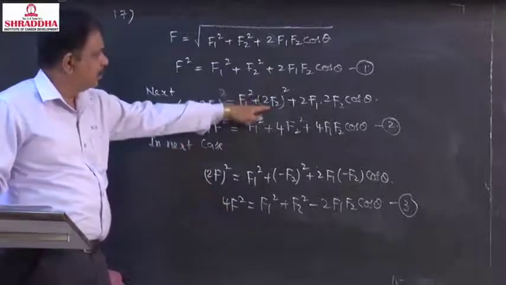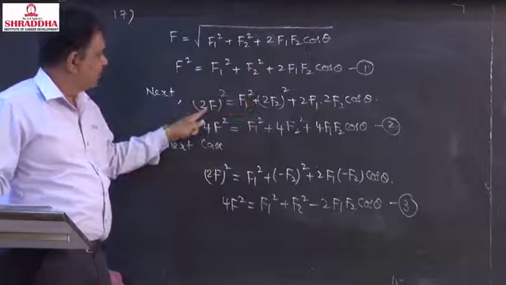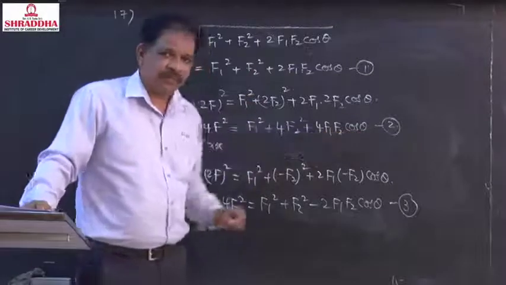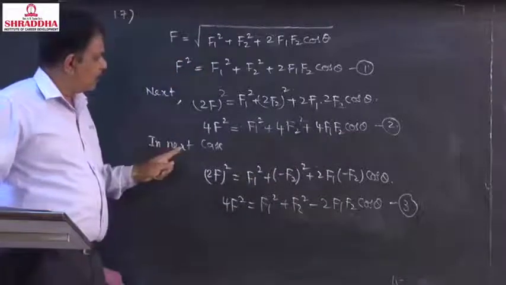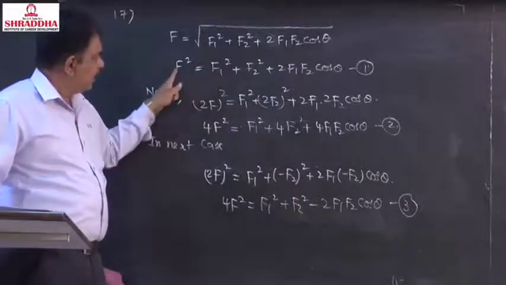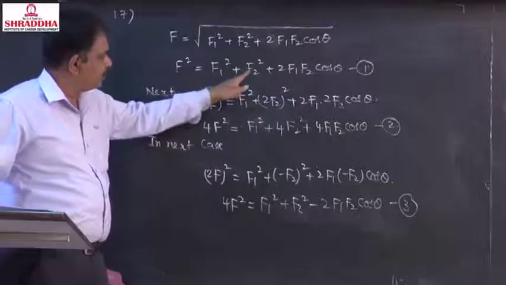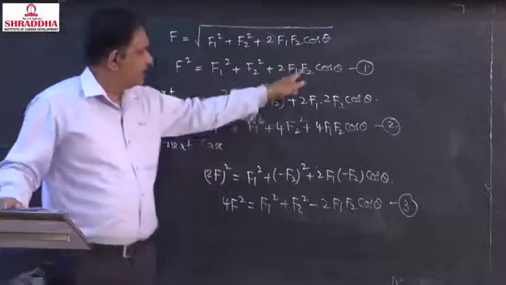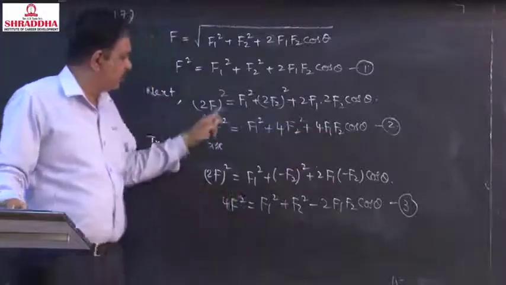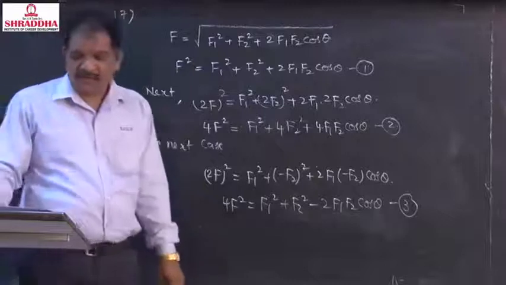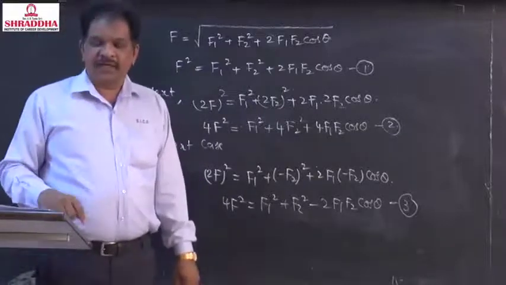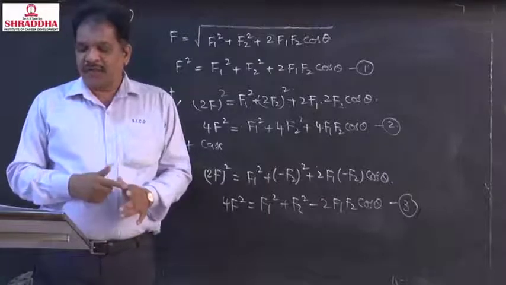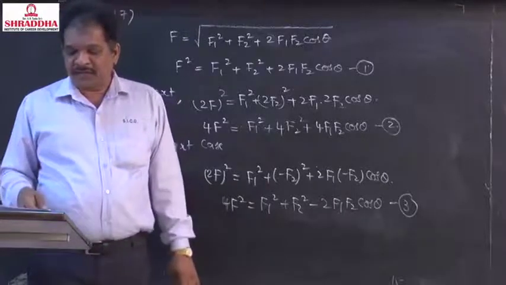F2 becomes 2F2, F becomes 2F. We got this second equation. Clear? If F2 is reversed, F is also doubled. So F2 becomes minus F2, F becomes 2F. So we got these three equations. Then they are asking what is the relation between F1, F2 and F.